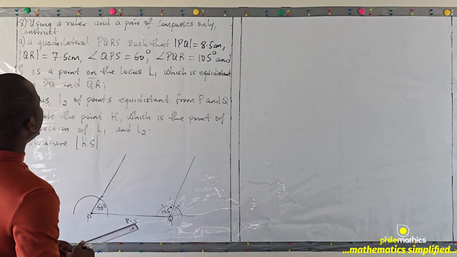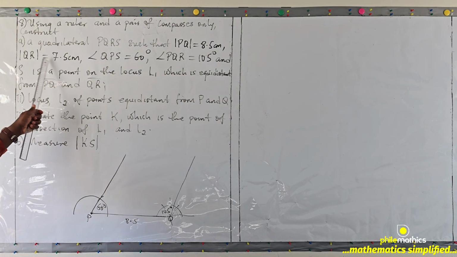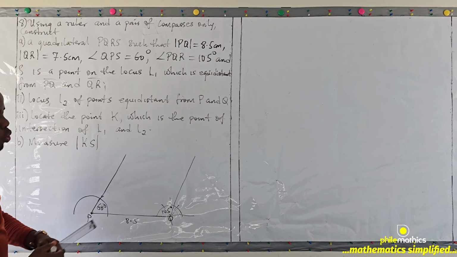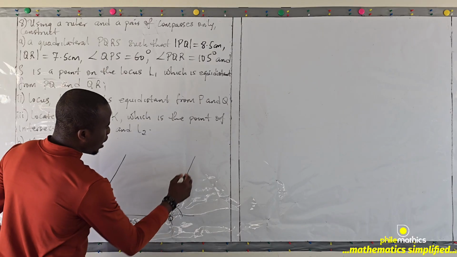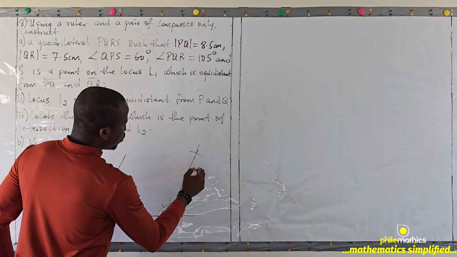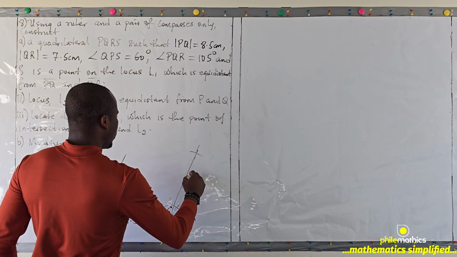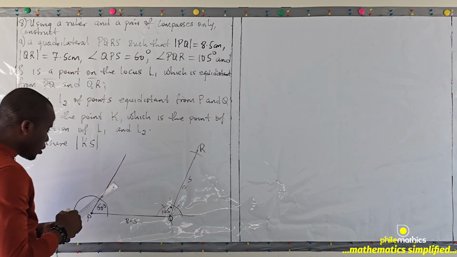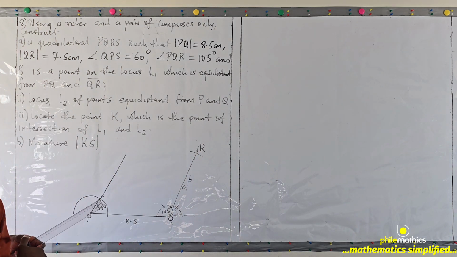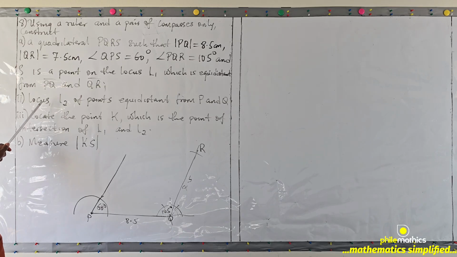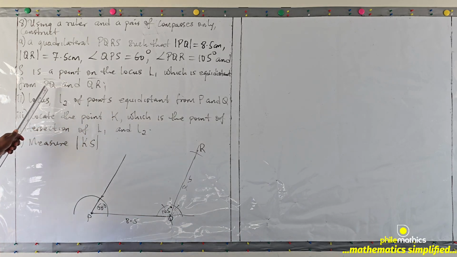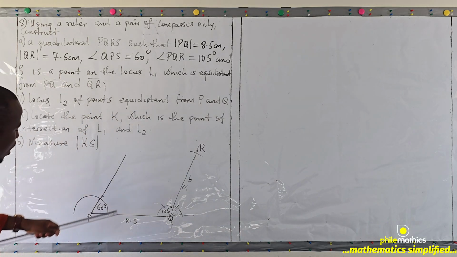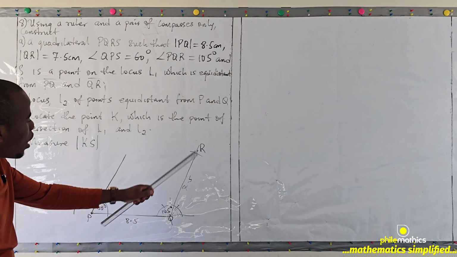So the next thing we are told is QR is 7.5. So you use your pair of compasses, measure 7.5, put it here, and then you cut. So this is 7.5. So this is where your R is. And then you go ahead and find X, which is a point on the locus L1 that is equidistant from line PQ and QR.